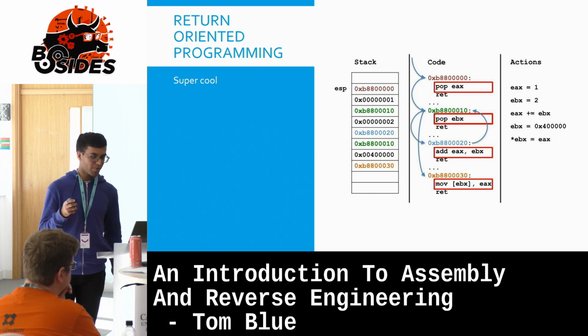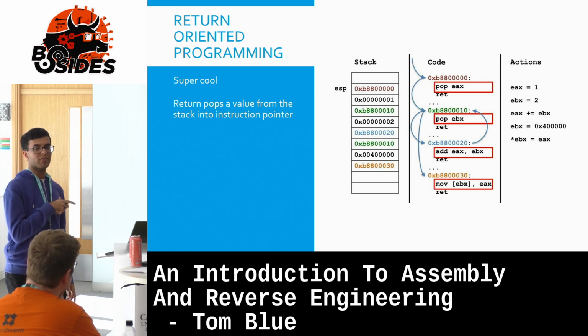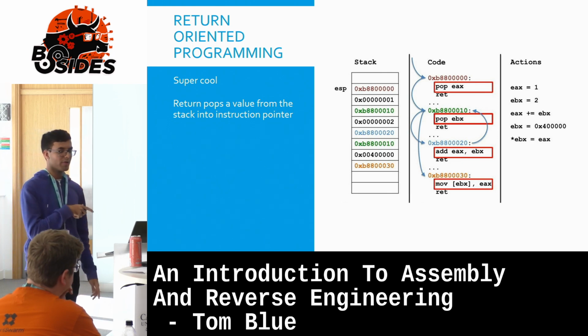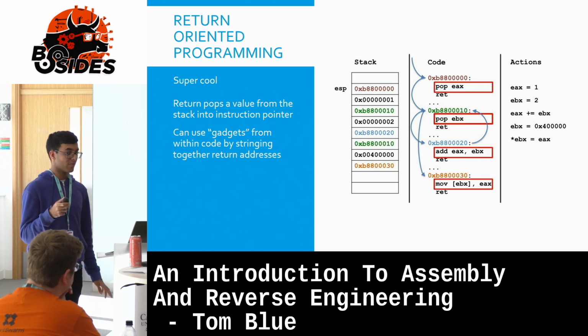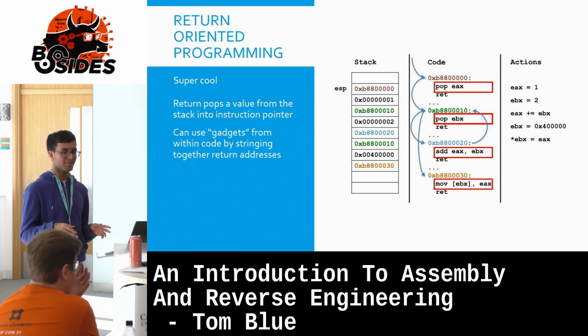What return-oriented programming does is you pop a value from the stack into the instruction pointer using a buffer overflow, because remember, the instruction pointer is saved onto the stack. If you're able to overwrite the instruction pointer, you can point it to these things called gadgets, which are little bits of assembly within the text segment. Because remember, the standard library is a part of the text segment and contains loads of functions.